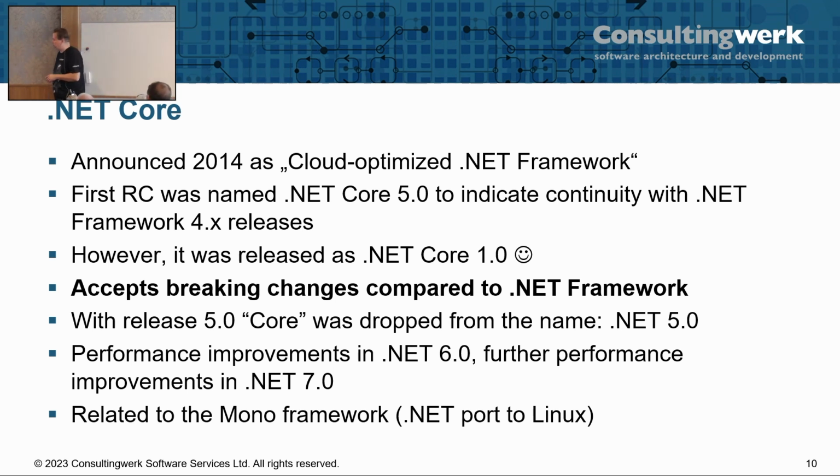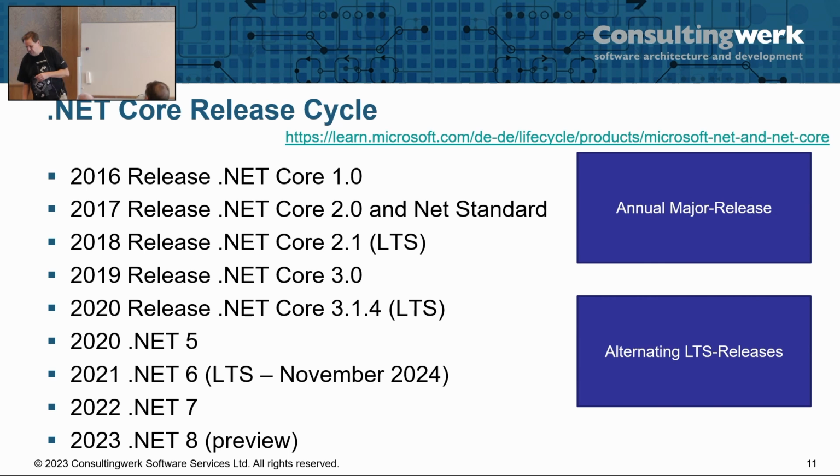I'll have some of those on the slides later. And together with all that, .NET became open source as well as platform independent. So everybody can download the source code of .NET. Microsoft is not the closed source company of everything anymore.